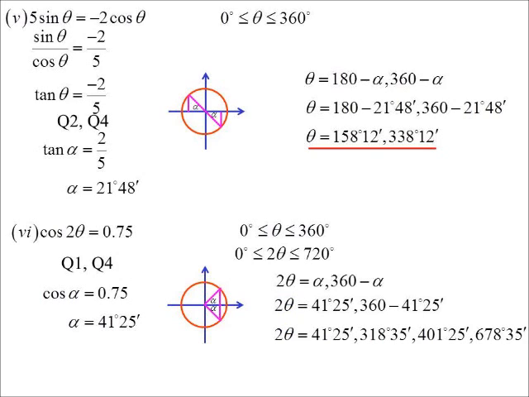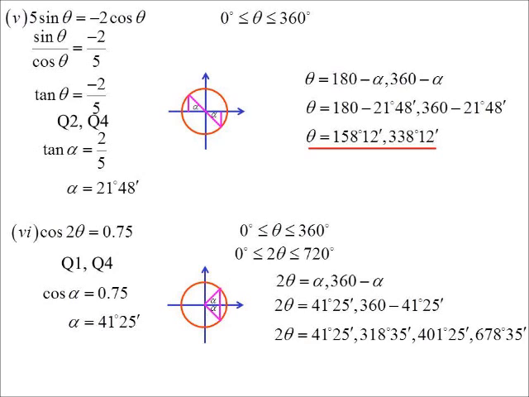First quadrant is the acute angle. Fourth quadrant is 360 minus. So I've got 41.25 or 360 minus that, but hang on a sec, I'm going around twice. So I've also got 360 plus that as well. So all I do is add 360.